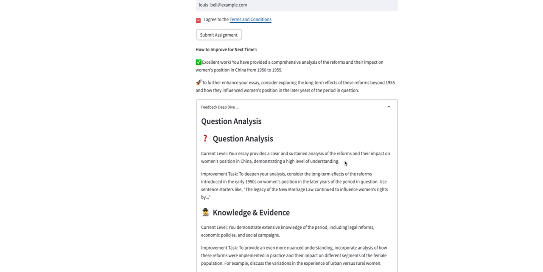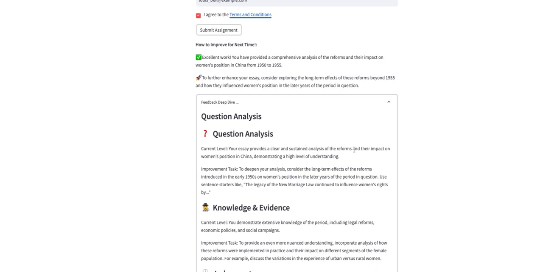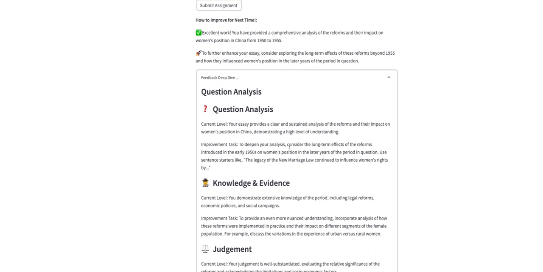Okay, so here, for example, you've clear and sustained analysis of the reforms and their impact on women's position. To deepen that analysis, consider the long-term effects of the reforms introduced on women's position in the later years of the period in question. Use stems like: the legacy of the new marriage law continued. So what we've tried to do here is make sure it's quite actionable. Students are getting given sentence starters in the feedback, but crucially, we're not doing the whole job for them.